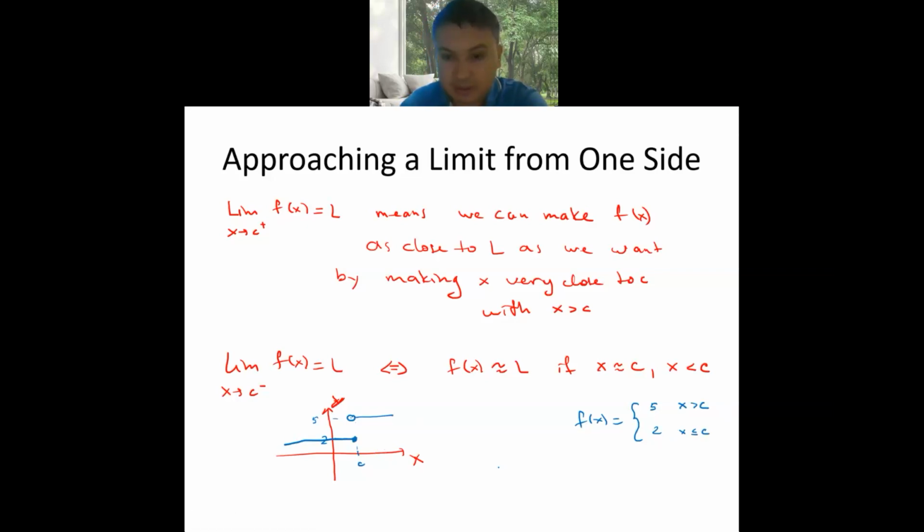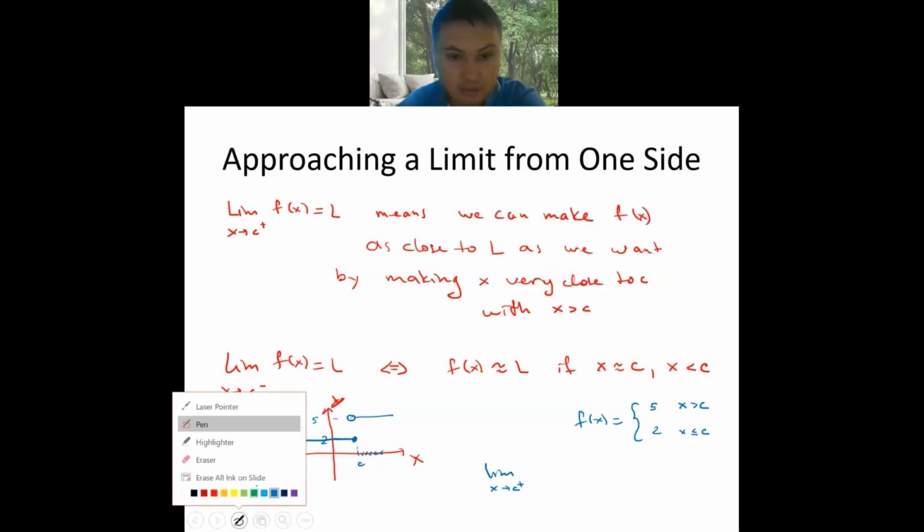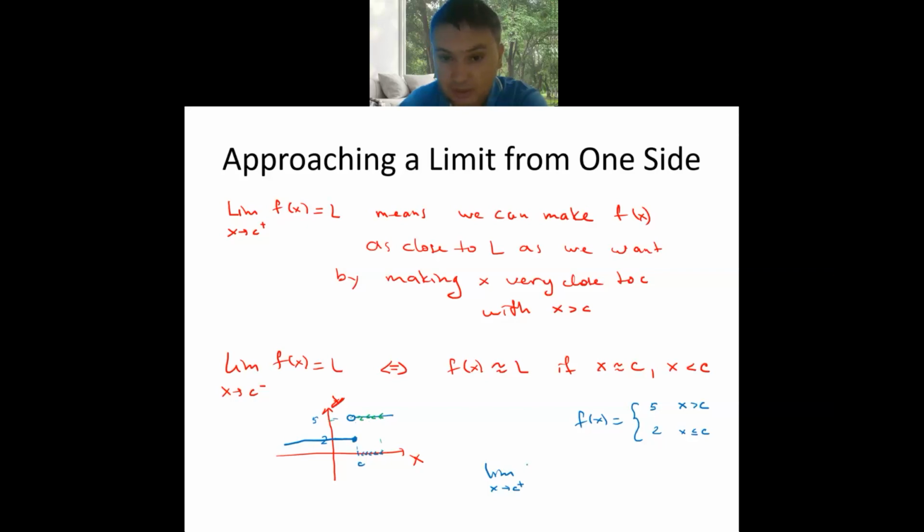So what happens if you look at this limit as x goes to this point c from the positive side? Positive side means you're approaching from the right. If you approach from the right, what is your function? Your function is here, right? You're approaching this point 5. So f of x is simply 5. Now if you were to approach from the left, here is the left.